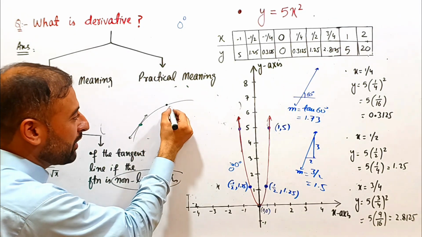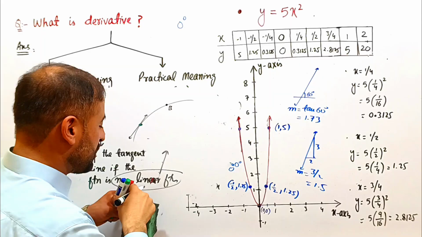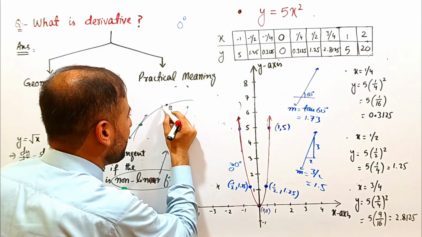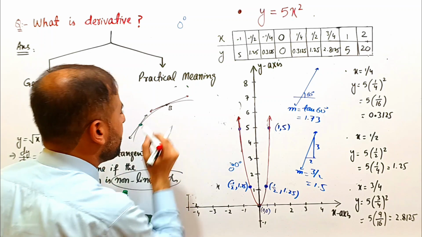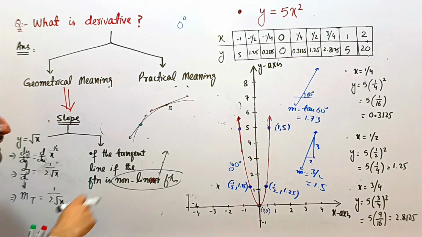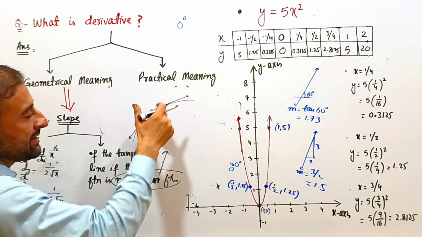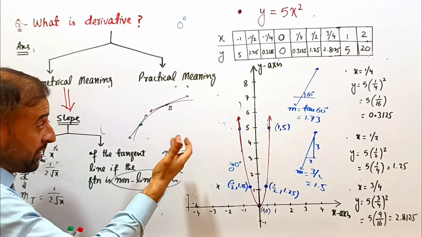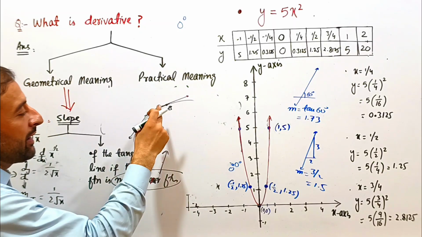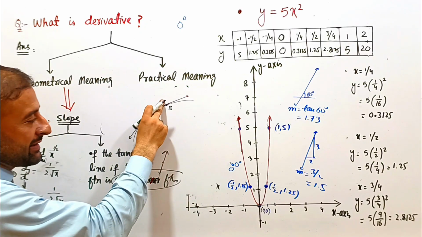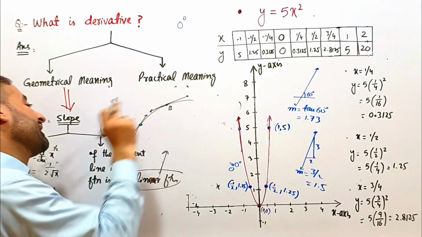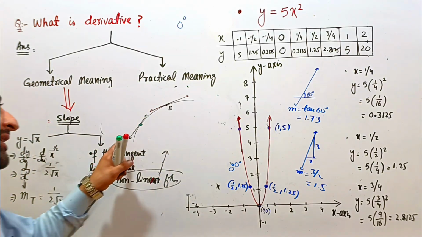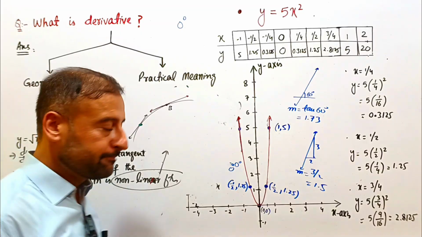At this particular point, point B, the tangent line will be this. And these are two different lines. They have different angles, and of course their slopes are different. Its slope is greater than this. The more the angle in the first quadrant, the more will be the slope.